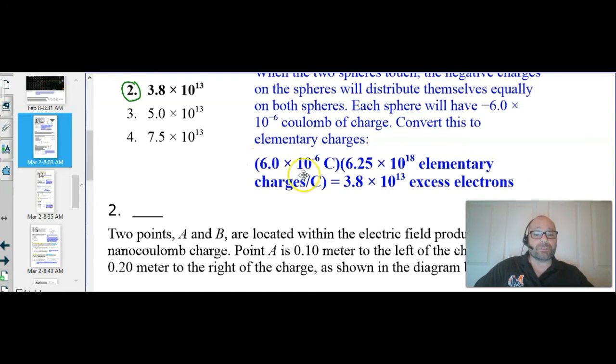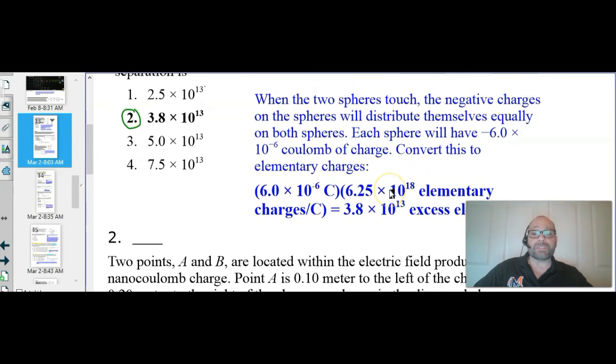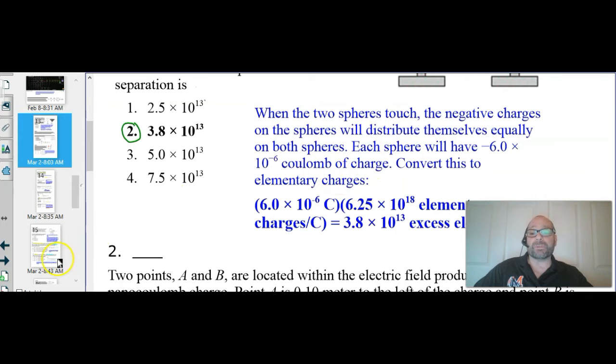So this would be something like, say, $600 is how many pennies? Okay, 6 microcoulombs is this many: 3.8 × 10^13 excess electrons. All right. That's how this one is solved. Let's move on to another one.